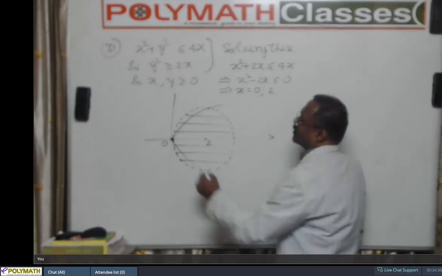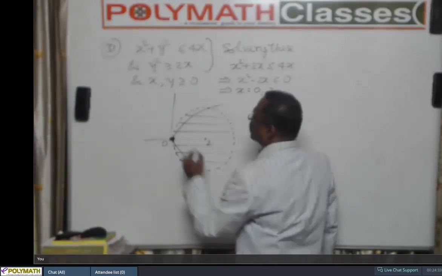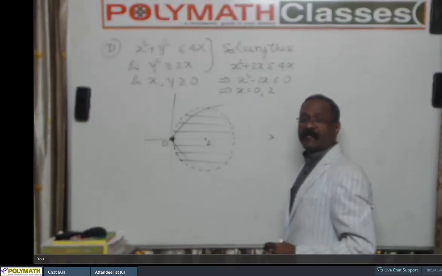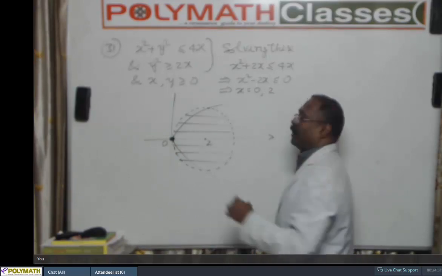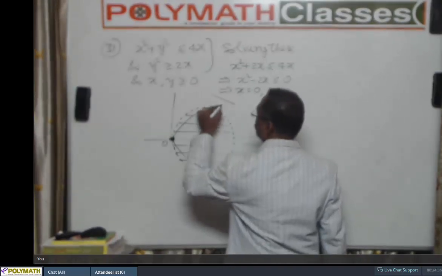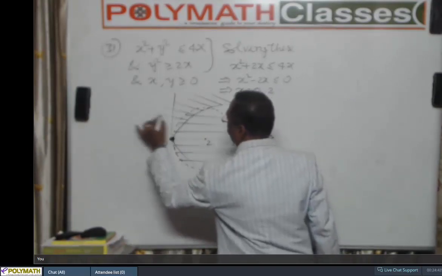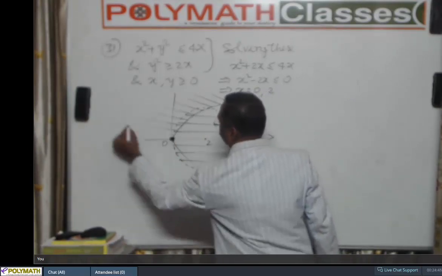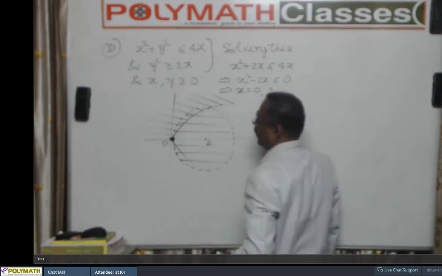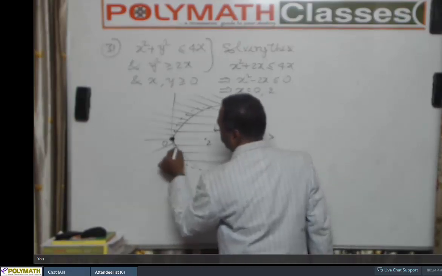Now it is greater than or equal to, so you have to take the external area of this, including the boundary. So this is the external area.